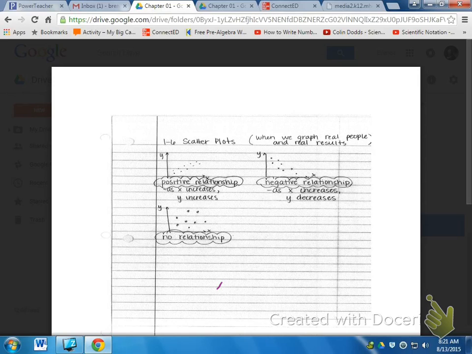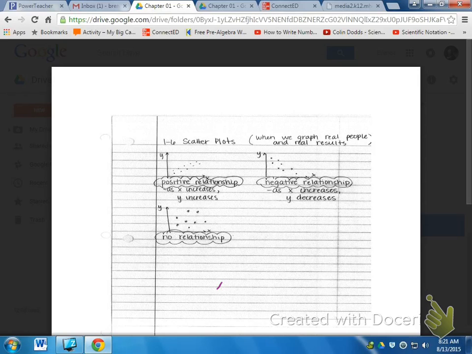But in general, when you're graphing real life things, you look for trends. And when you graph this, there are 3 possibilities. So if you look at my graph with the dots, the first one, they are generally going uphill.